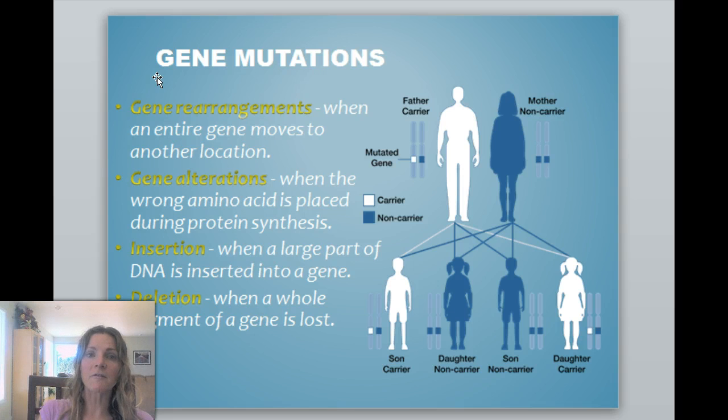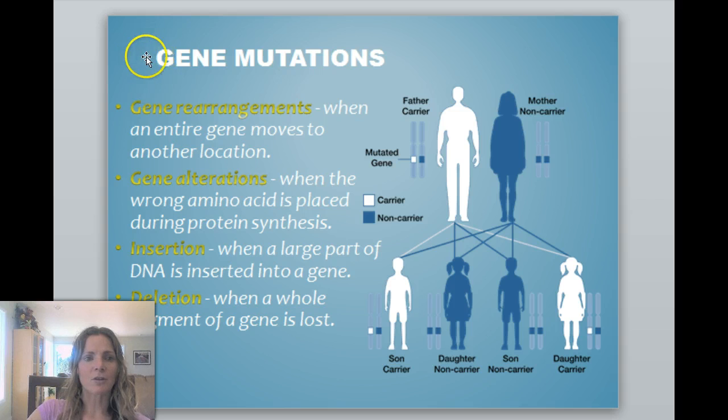That's why a lot of miscarriages occur, because of a chromosomal mutation. But you can also have a small mutation that may or may not cause something that's detrimental. It may just cause a difference in appearance or whatever it might be. But that can be on a single point of a gene.